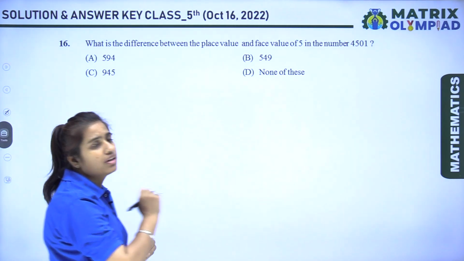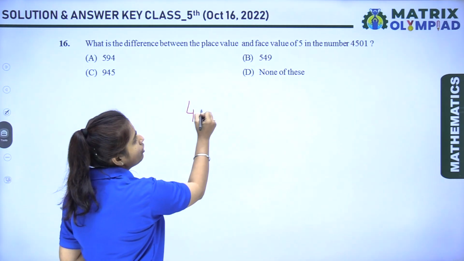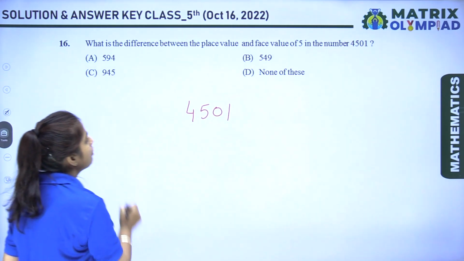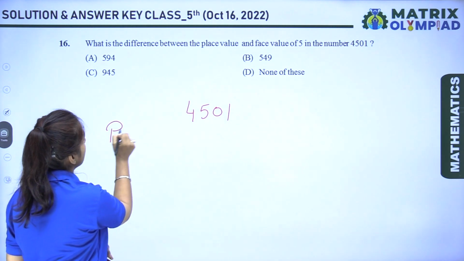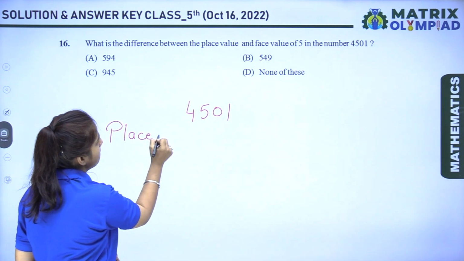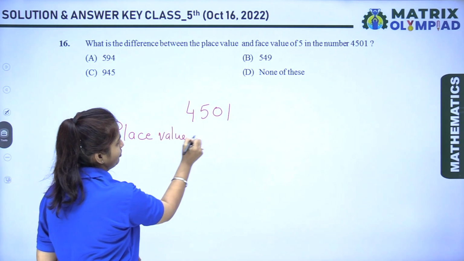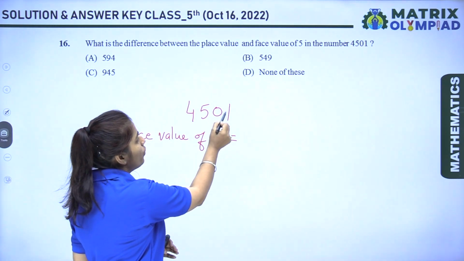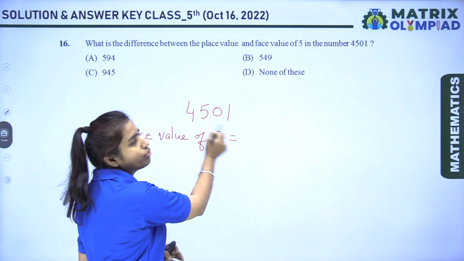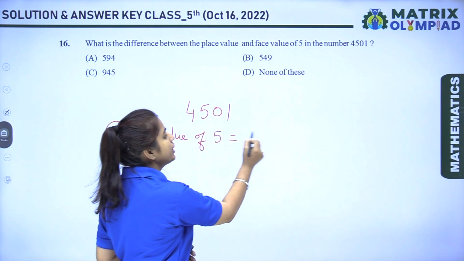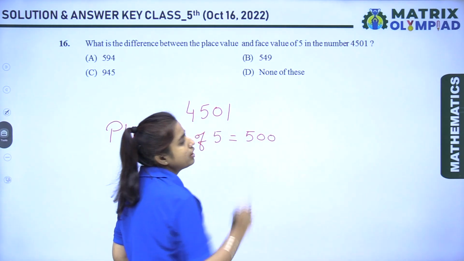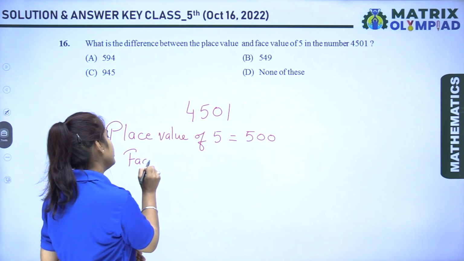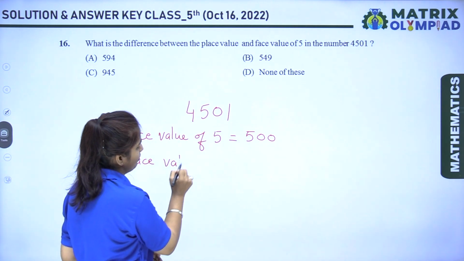In this number 4501, let's write down first the place value of 5, that is ones, tens, hundreds, thousands. This is a 4-digit number and 5 is on the 100th place, so we can write 500. And if we talk about the face value of 5, the face value of 5 will remain the same, that is 5 only.